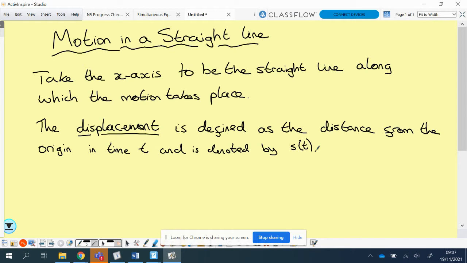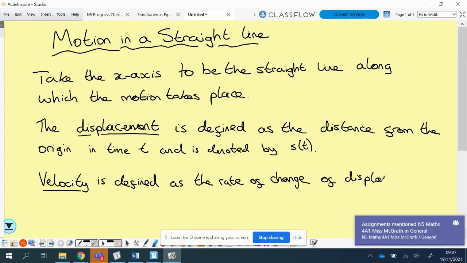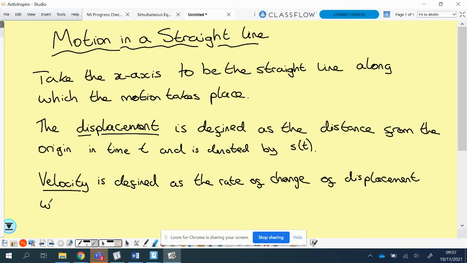Okay, the next thing we want to have a term for is the velocity. Okay, so velocity is defined as the rate of change of displacement with respect to time.